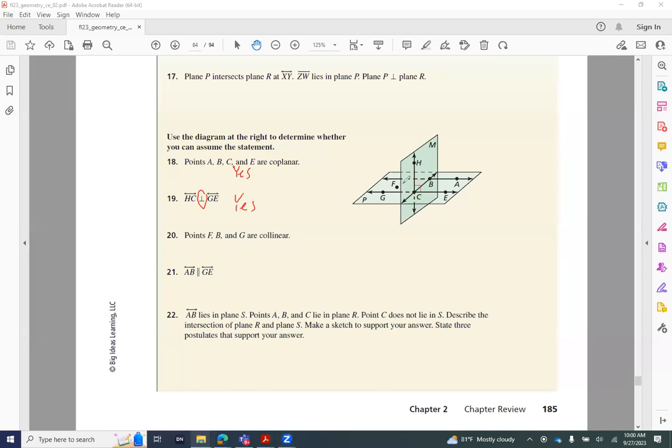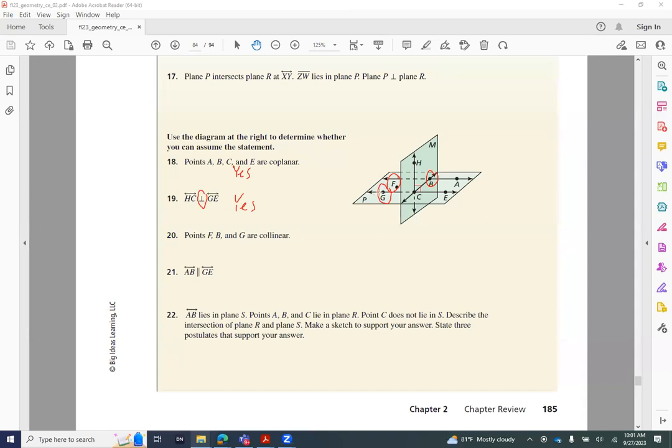All right. Again, let's clear that off. Next one, points F, B, and G. Where's G? There it is. All right. And it wants to know, points F, B, and G are collinear. So I definitely say that they look like they are coplanar. Now, are they in a straight line? That's hard to tell.